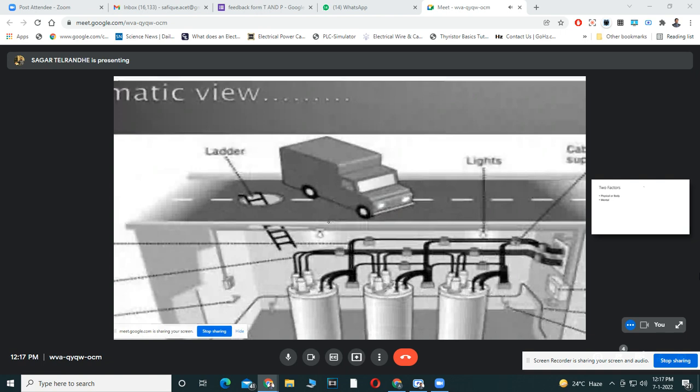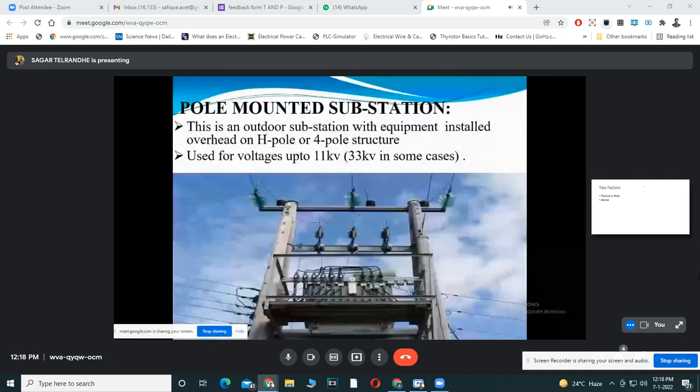Pole mounted substation. This is an outdoor substation with equipment installed overhead on an H pole or 4-pole structure. Here we are able to see that we have a blue color insulator as well as a brown color insulator.